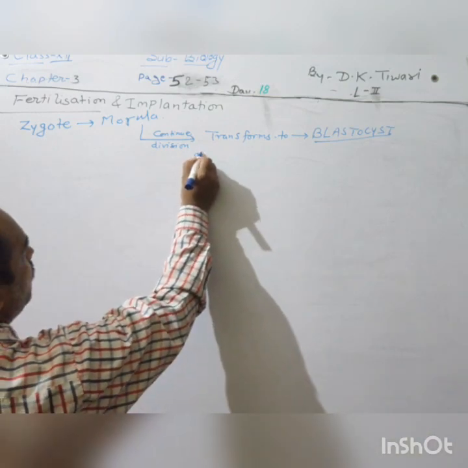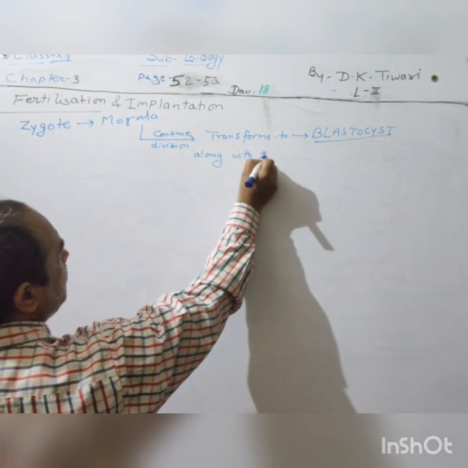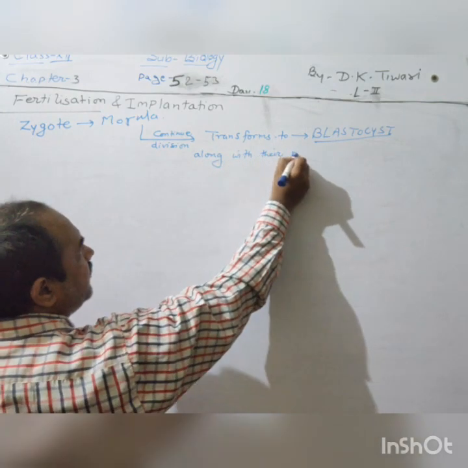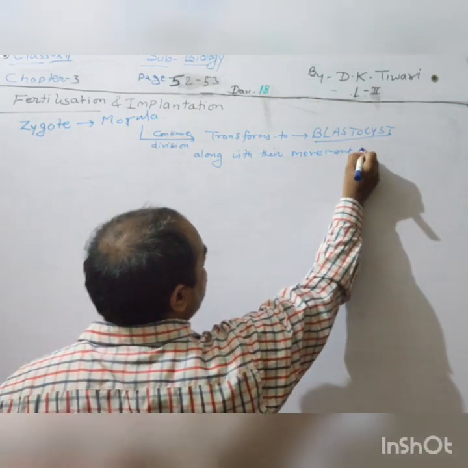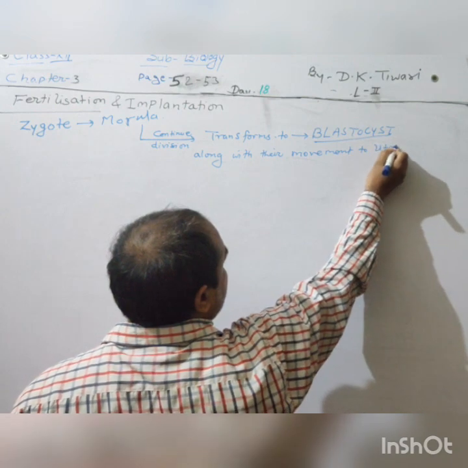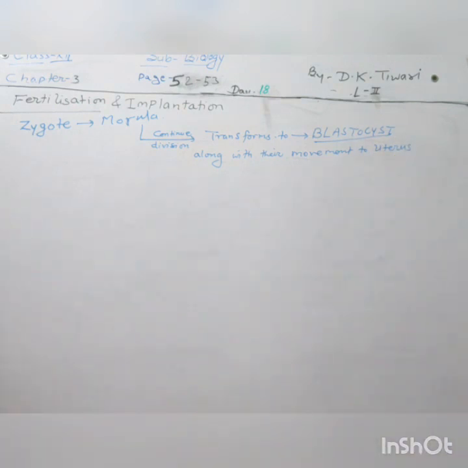So they are moving to the uterus, they are doing cleavage there, and they are continuously changing their shape or format.